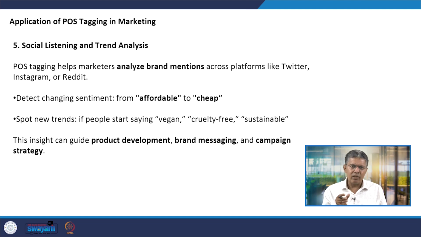Spotting new trends: if people start saying vegan, cruelty free, sustainable, green, these insights can guide product development, brand messaging, campaign building and strategies around the product. The company will understand that people are giving more weightage to these words, that means they are feeling more about these things.